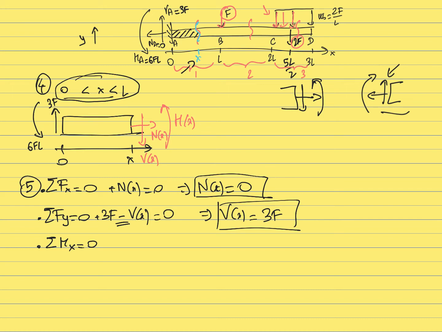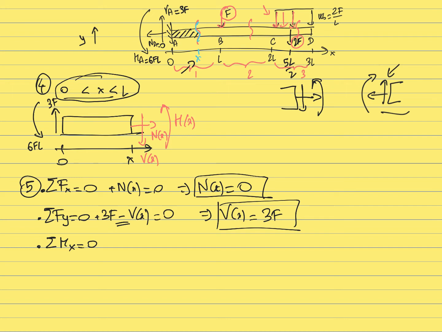Okay, so now let's write that the sum of those moments is equal to 0. So what do we have? First, we have the internal moment at x. So this one will contribute to this beam. In this case, again, we decided to draw this moment m of x as being anti-clockwise due to the positive sign convention. This is because we have isolated the left part. If we had isolated the right part, we would have drawn this internal moment as being clockwise.